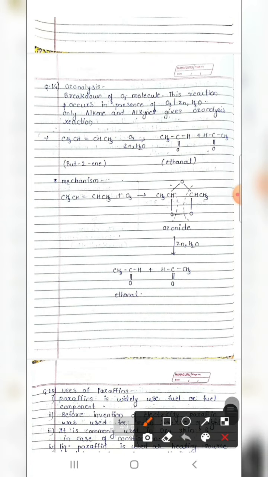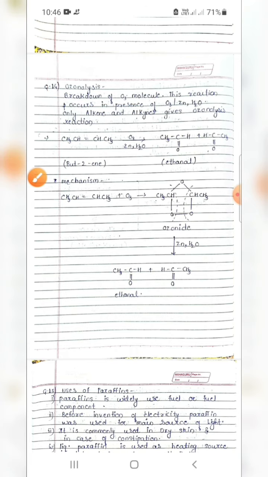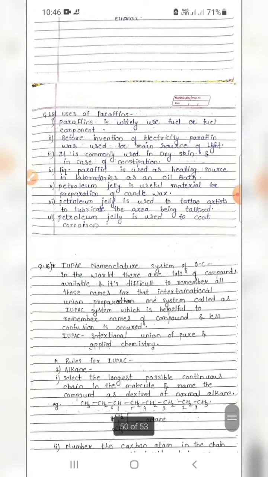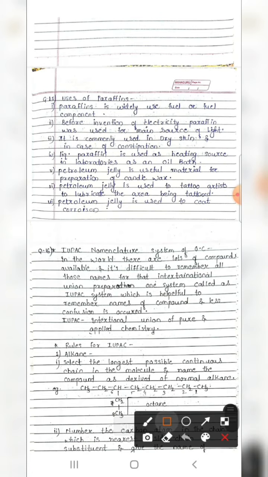So next question, that is what is ozonolysis, and discuss its mechanism. Next short question is there: discuss the uses of paraffins.